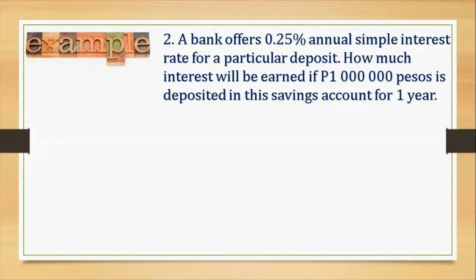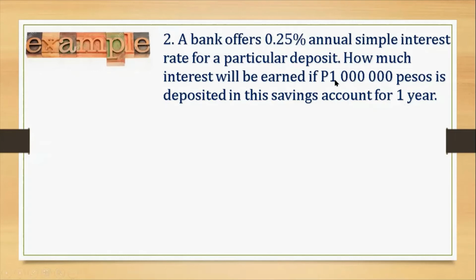How much interest will be earned if 1 million pesos is deposited in this savings account for 1 year? Yes, you can see it there. The given, we have the interest rate, and we also have here the 1 million pesos, and we also have 1 year for the time.